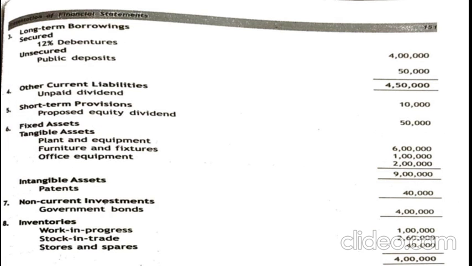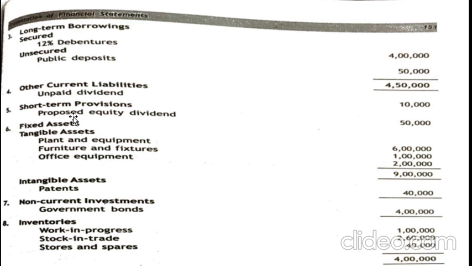Next you have short-term provisions. Usually the provisions you make are provision for taxation, and provision for proposed dividend is also a provision. Proposed dividend is where you have decided to issue so much dividend to the equity shareholders, and you have made a reserve for it.